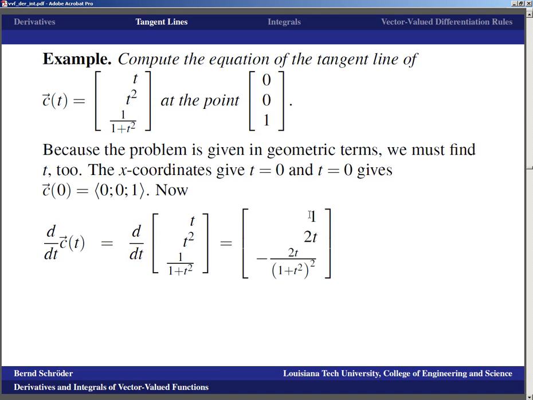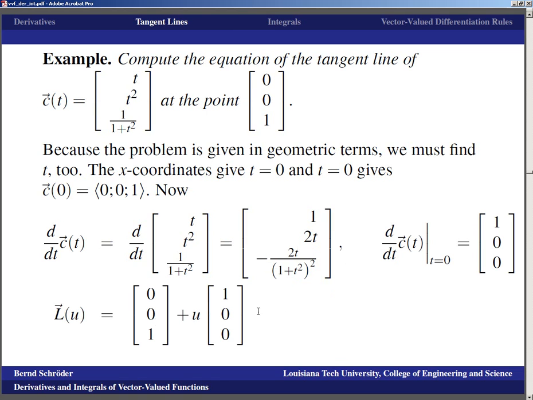So you get the 1, the 2t, and negative 2t over (1 plus t squared) squared. I only wrote it as a fraction already. We need that derivative at time t equals 0, and at time t equals 0 we get (1, 0, 0).